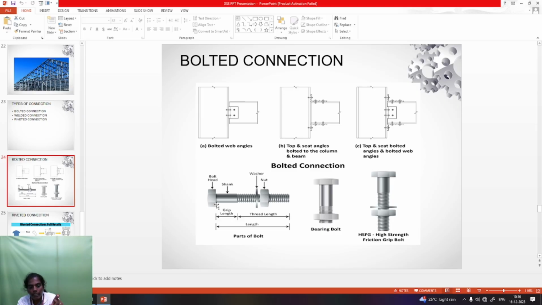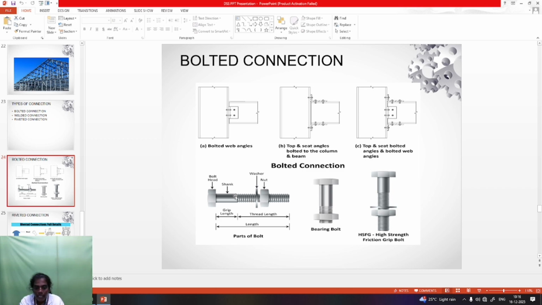The hole diameter is bolt diameter plus 2 mm, as considered in the IS 800 2007 code book. Follow the IS 800 2007 code book. So 20 mm diameter means the hole diameter is 22 mm.